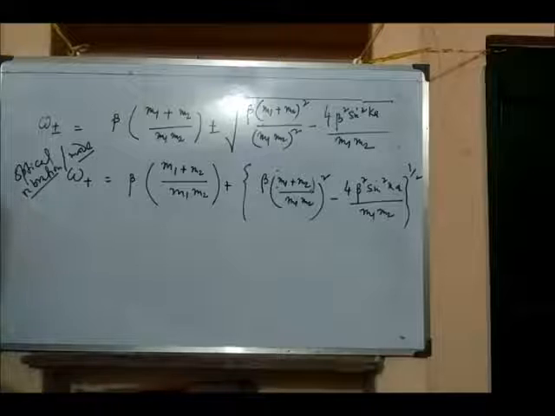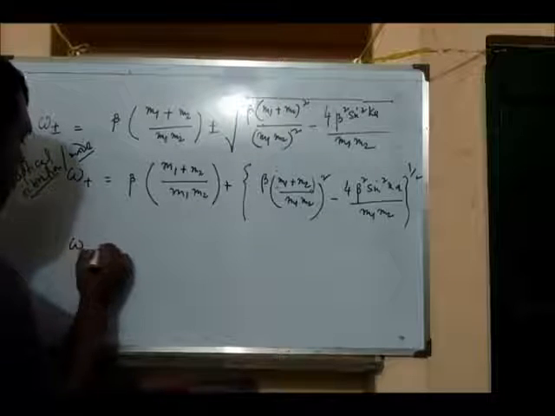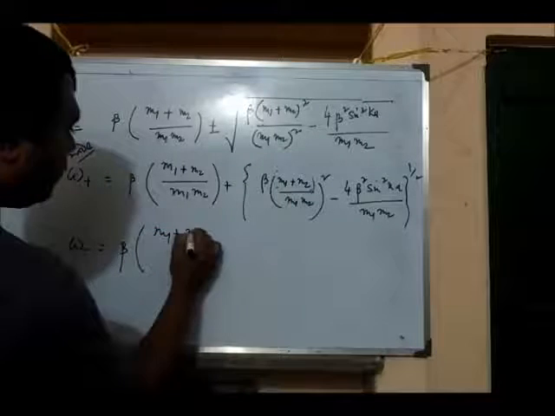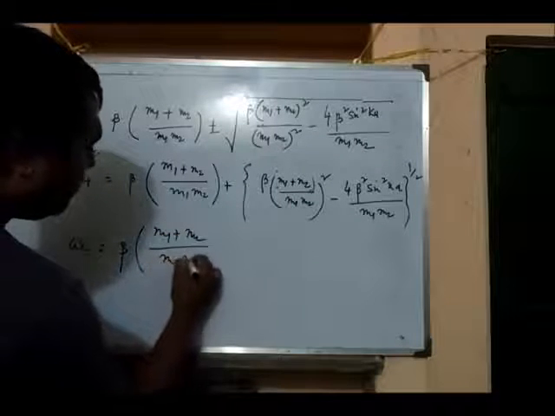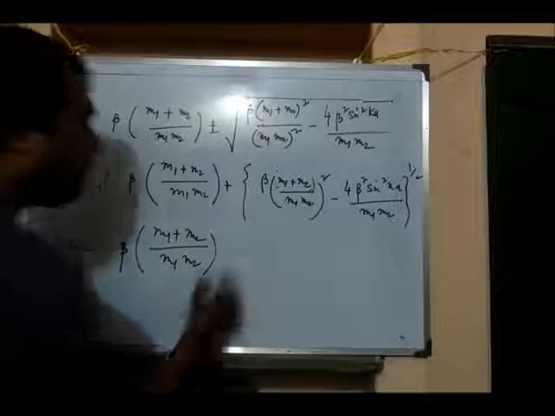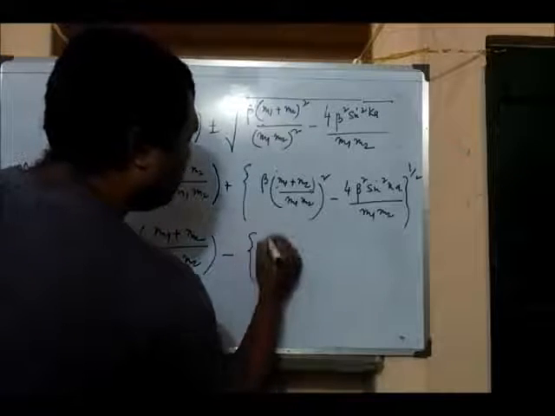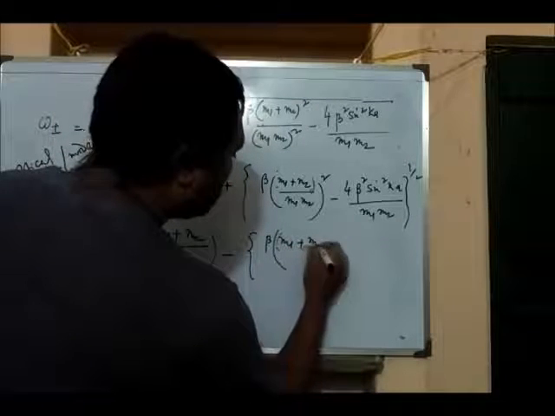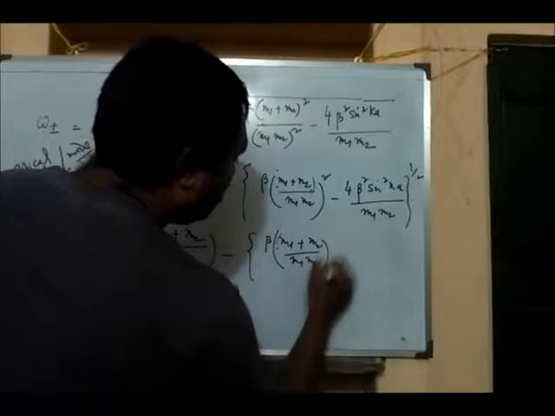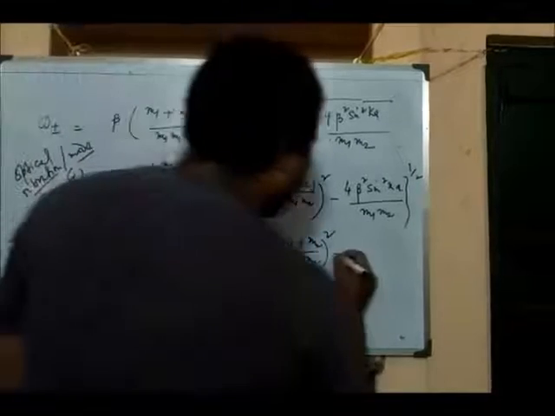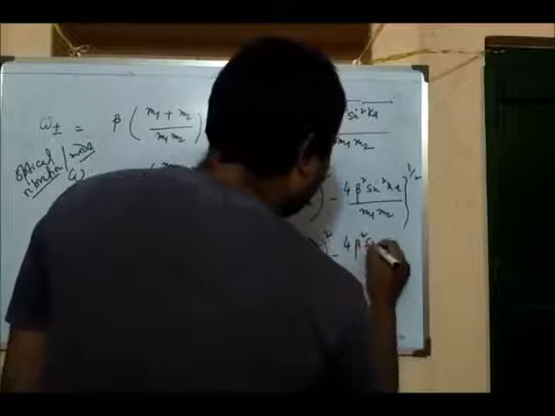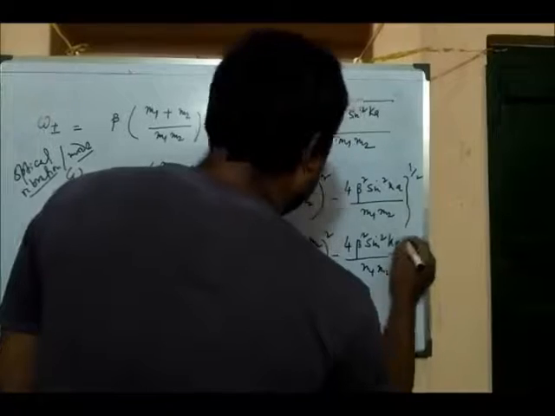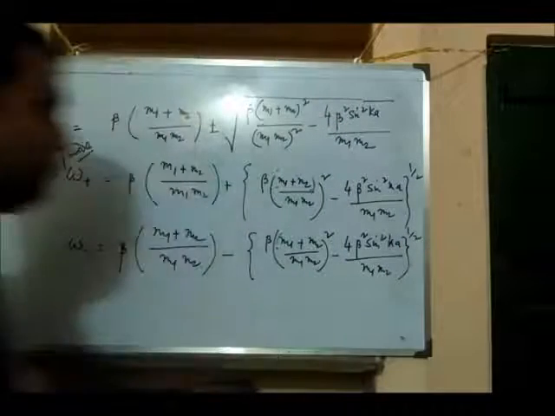On the other hand, this omega minus will be beta (m1 plus m2) divided by m1 m2 minus the square root of (beta (m1 plus m2) divided by m1 m2) whole square minus 4 beta square sine square Ka by m1 m2.